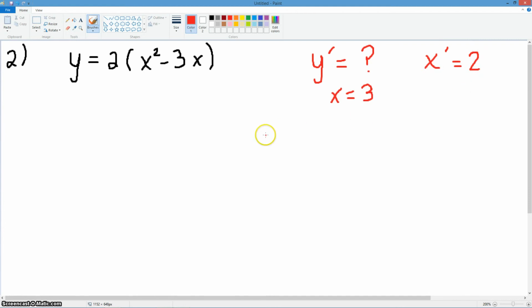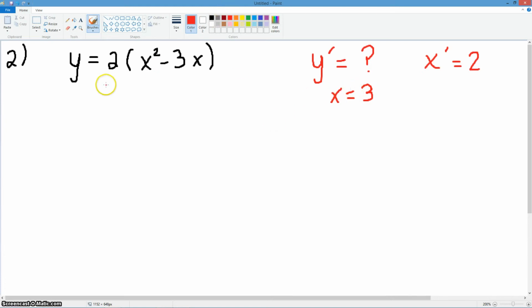Okay, well, I think the first thing we should do is, before we even continue to take the derivative, we need to go ahead and get our y value. Because remember, with a coordinate pair, if there's an x that's given to you, most likely you will need the y value.